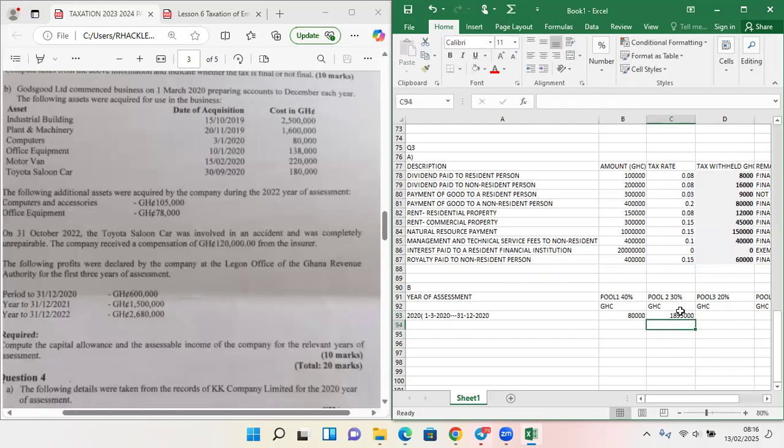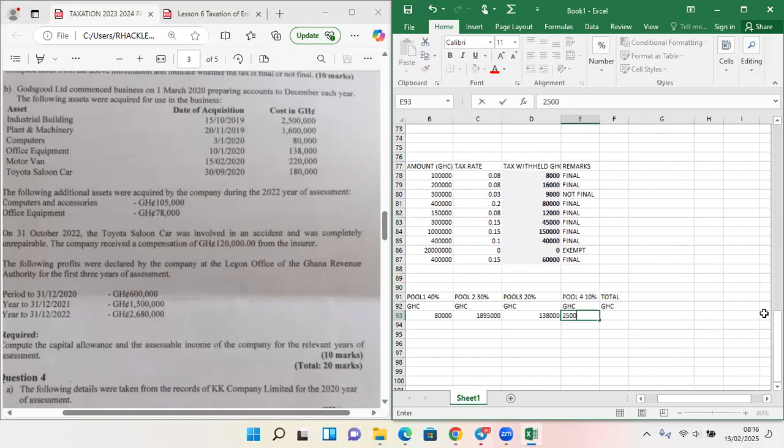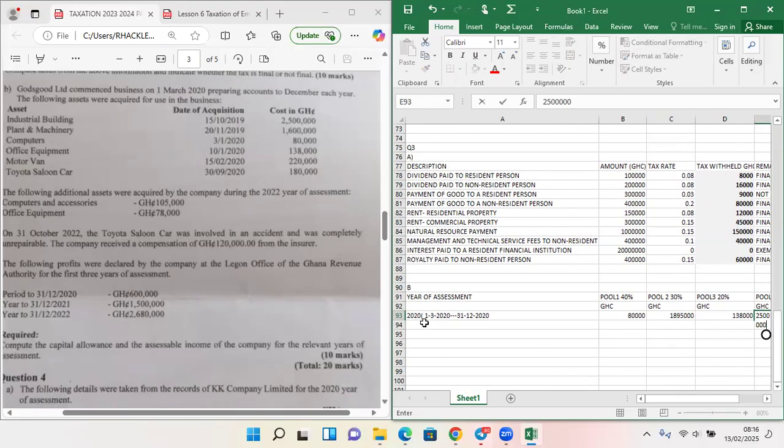So you have this. Then for pool three, you have only office equipment. And then pool four, we have the industrial building, which is 2.5 million.